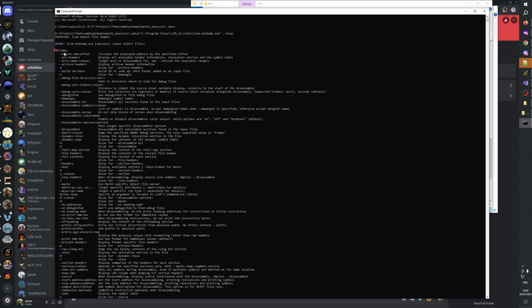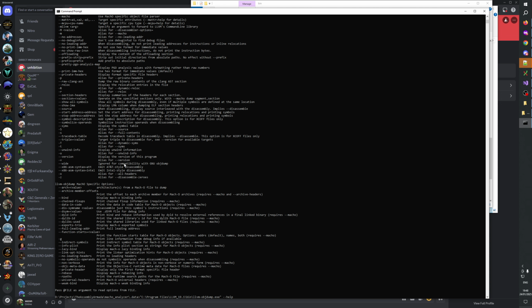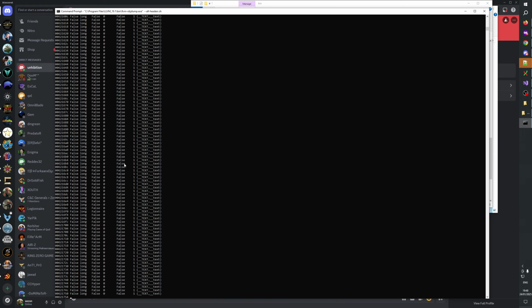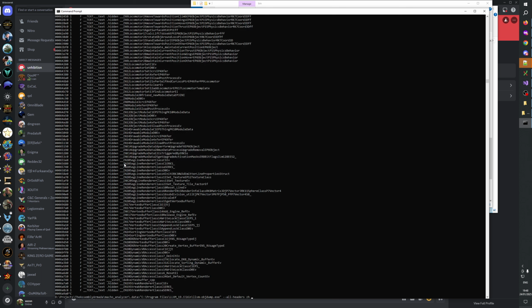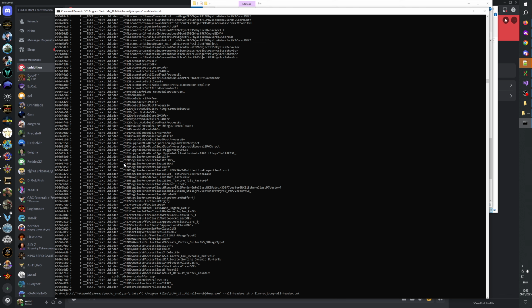So I guess we just try different things. So --all-headers. Let's see, and then ZH, right? Oof, okay, let's dump it into a file. So that will be llvm-objdump --all-headers into a .txt. Yeah? There we go.